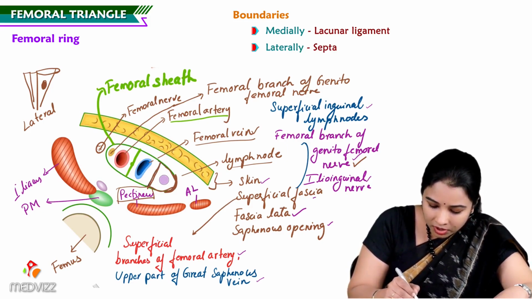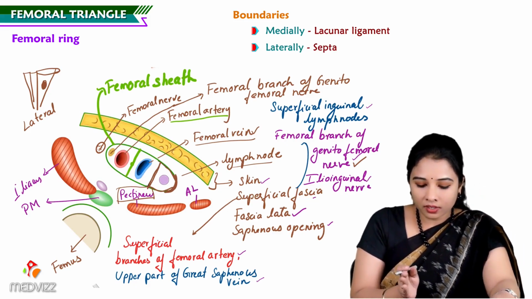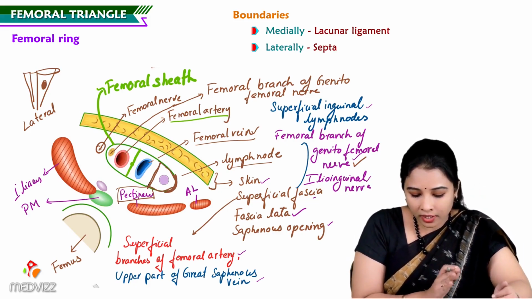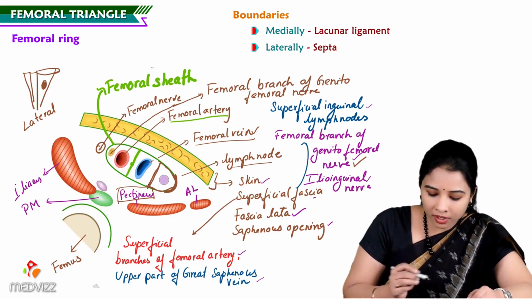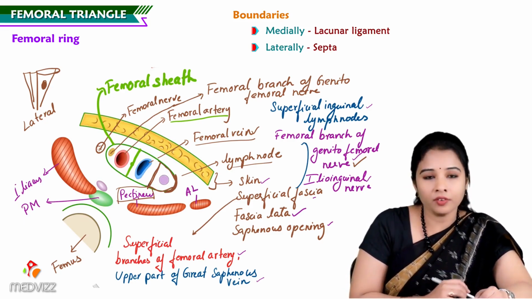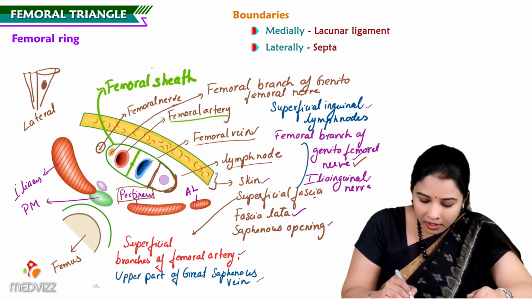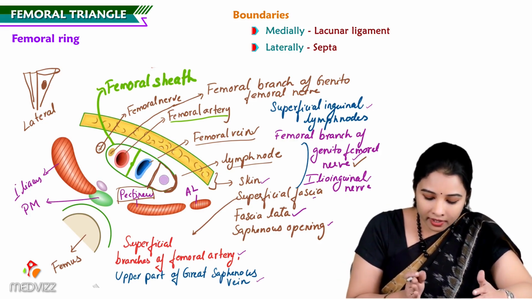That is the anteroposterior septum, and this septum forms the lateral boundary. So let's see again: anteriorly the inguinal ligament, posteriorly the fascia covering the pectineus, medially the lacunar ligament, and laterally the septum.